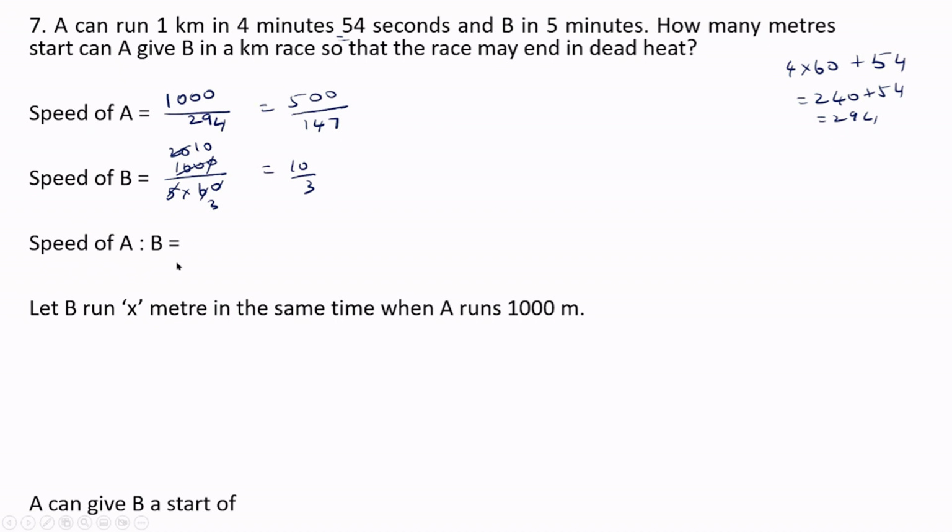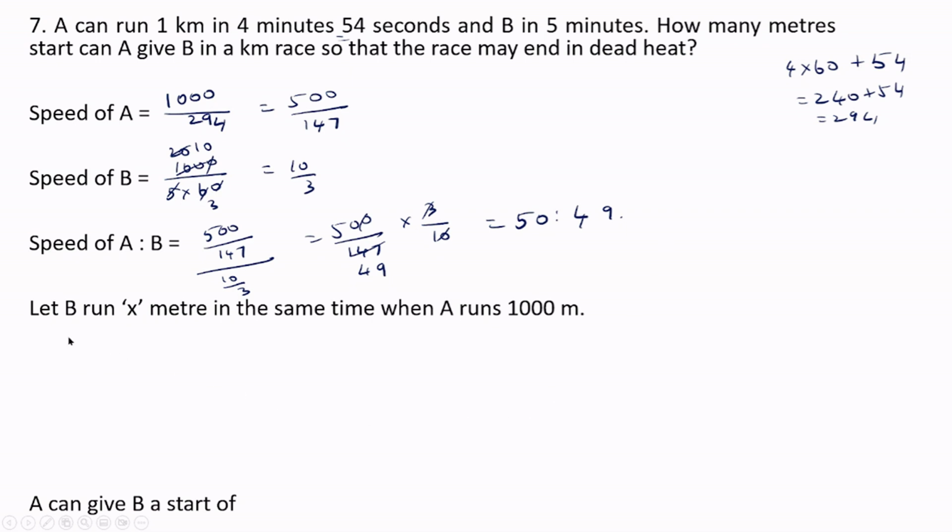Speed of A is to B is 500 by 147 divided by 10 by 3, or it is 500 by 147 into 3 by 10. So it is 50:49. So speed of A is to B is 50:49.